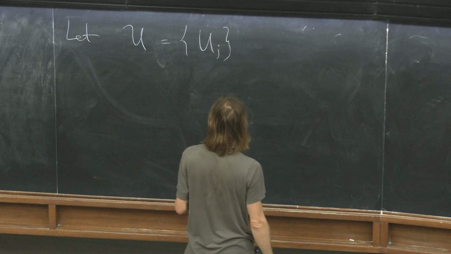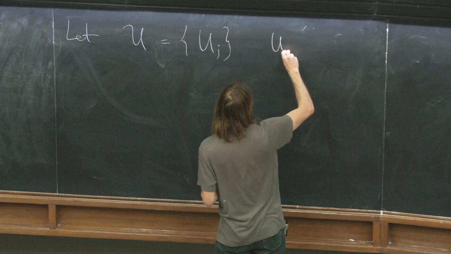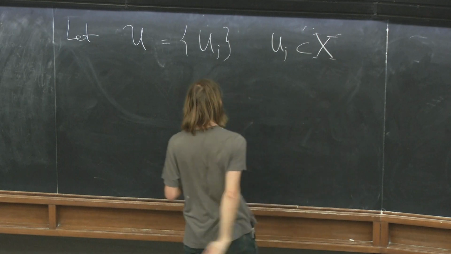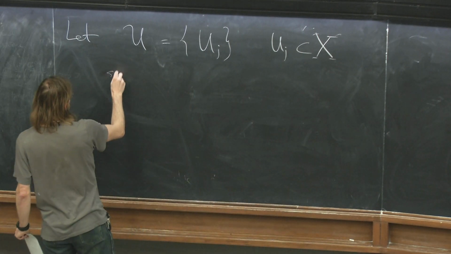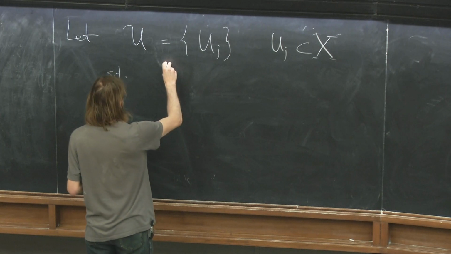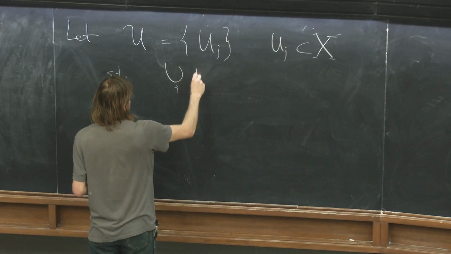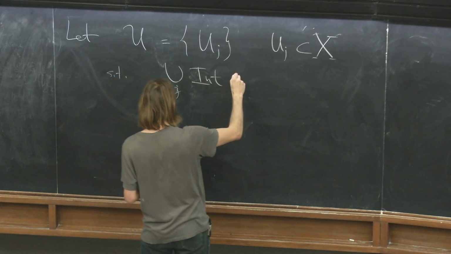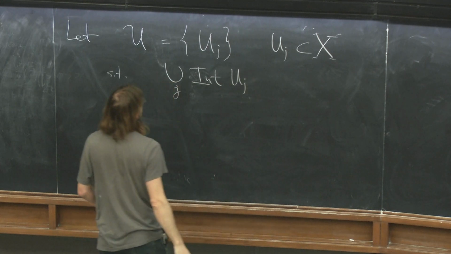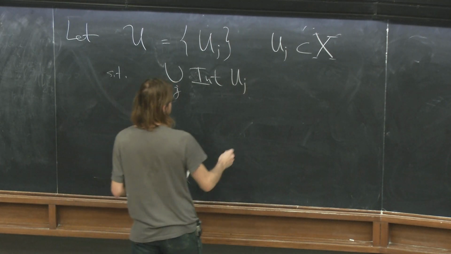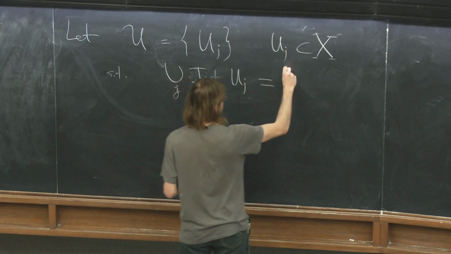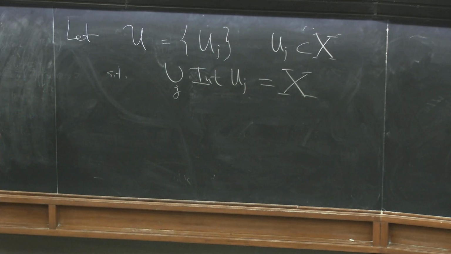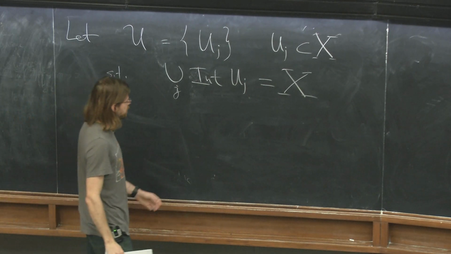Let U be a collection of subspaces Uj of a topological space X such that the union of their interiors is X. You already see why it can be related to the formulation of excision theorems.